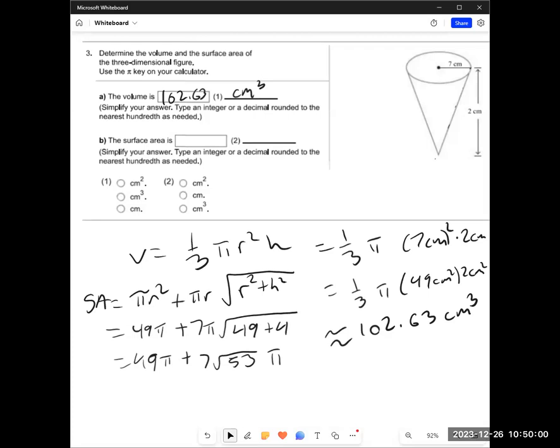So pi times 49 plus 7 times the square root of 53, close that off, and I get 314.04. And this is going to be square centimeters. This was cubic, and this is square.